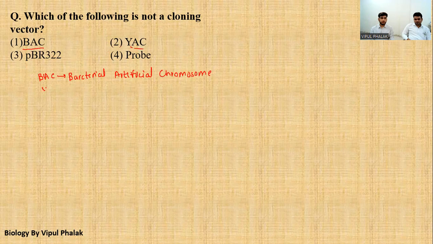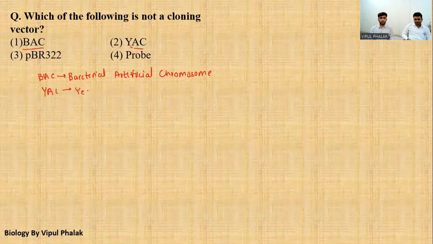YAC stands for yeast artificial chromosome. pBR322 is the first artificial cloning vector. So the fourth option is correct.